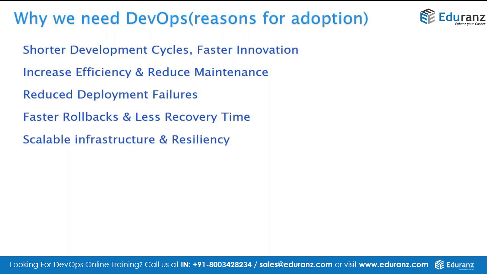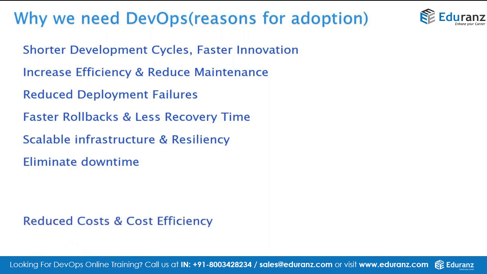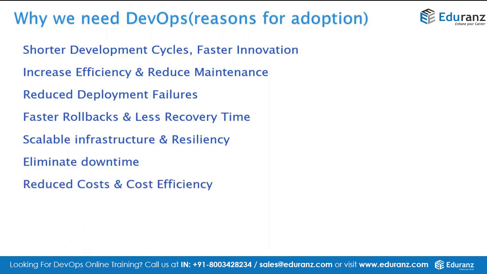You write Ansible code to install Java on 100 or 1000, it will take the same time. So it is automatically scalable and resilient. You eliminate a lot of downtime through automation. We reduce cost; it is highly cost efficient. A lot of people are very happy with that.